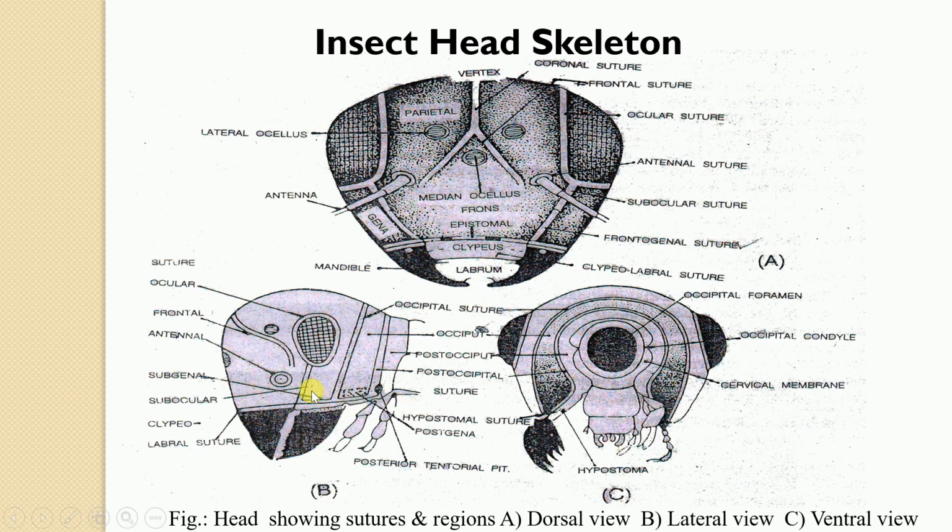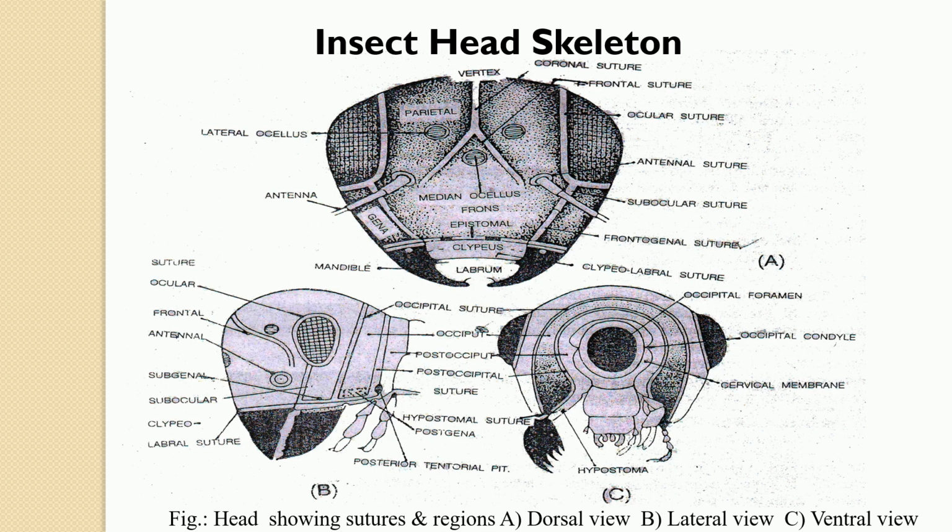The next suture we discussed is the ocular suture, which encircles the compound eyes, and the last suture is the antennal suture. Now, due to the presence of these sutures, the whole area of an insect head is divisible into different areas, and these areas are generally referred to as the head sclerites, which we are going to learn in this topic.